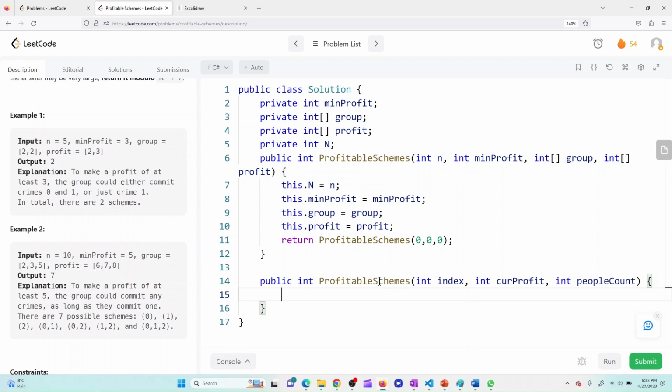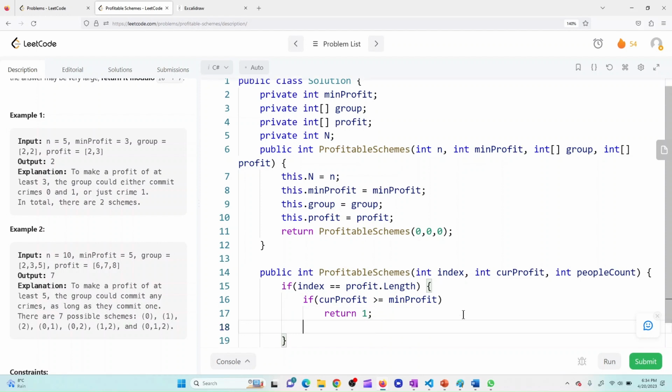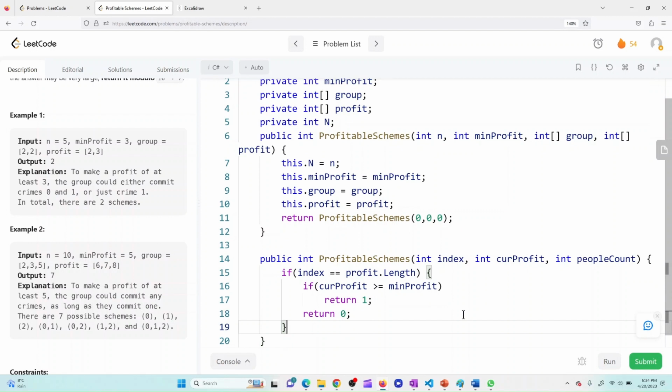So if my index is equal to profit.length, and if my current profit is greater than or equal to my minimum profit, that means I have found at least one way to make a crime. Otherwise you just return 0, that there is no way to do that.